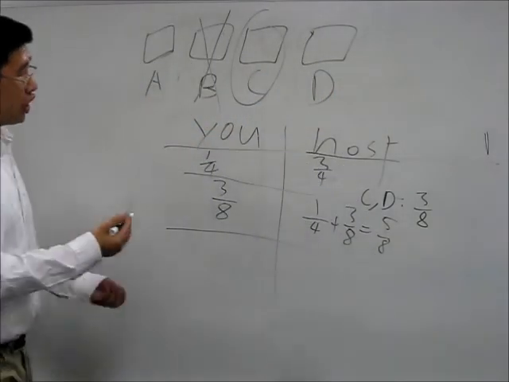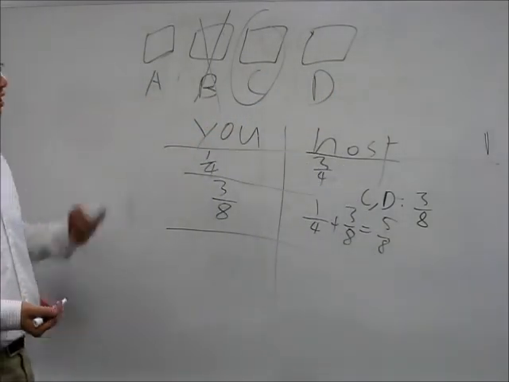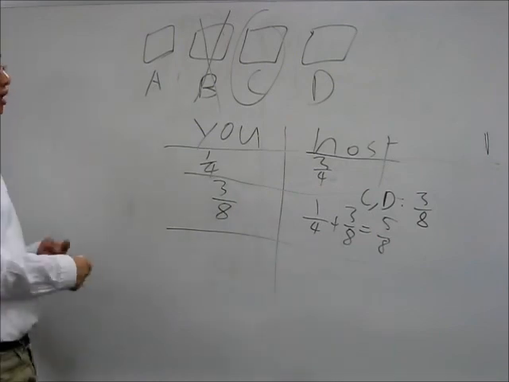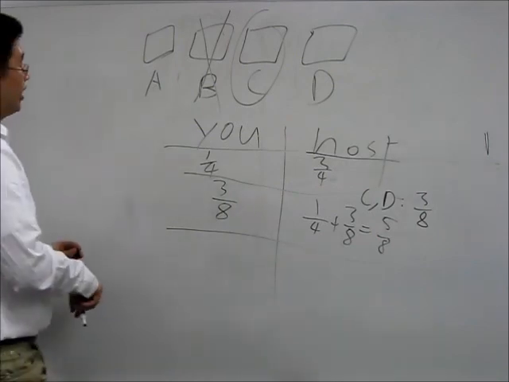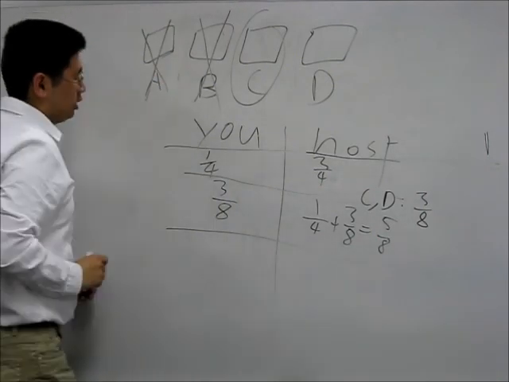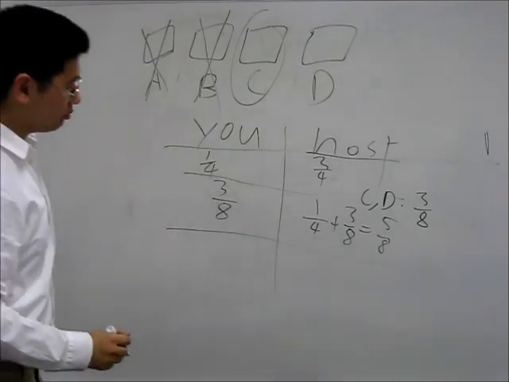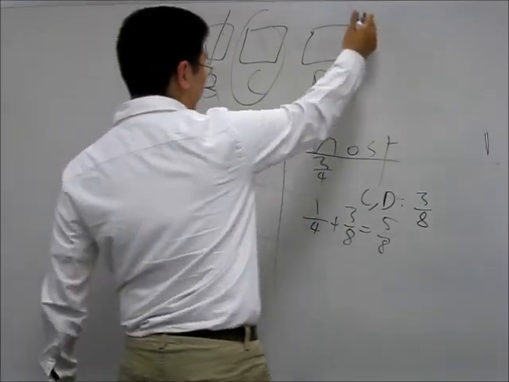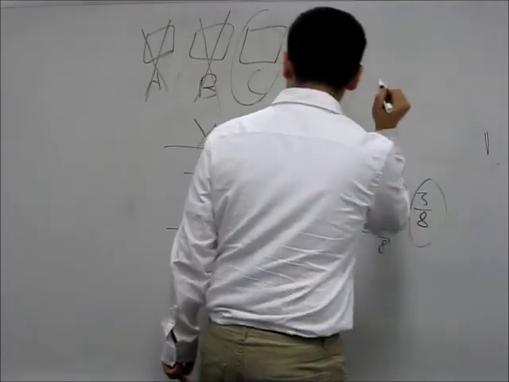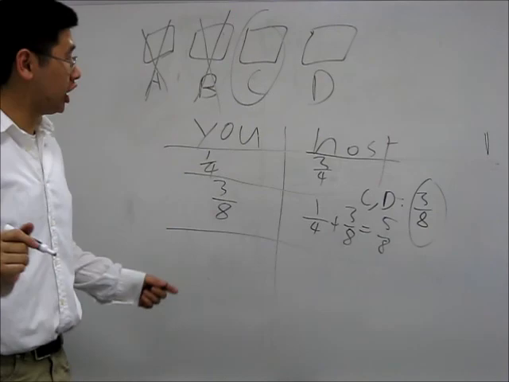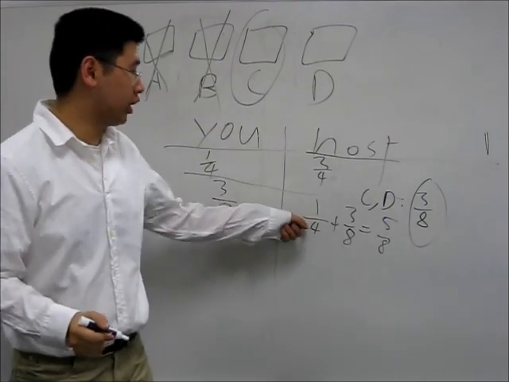Now let's say the host takes another door. Say, I'm going to tell you right now that it's not in A. So now what do you know? Note that the probability of D having the car is still 3/8, while the probability of A having the car was 1/4.